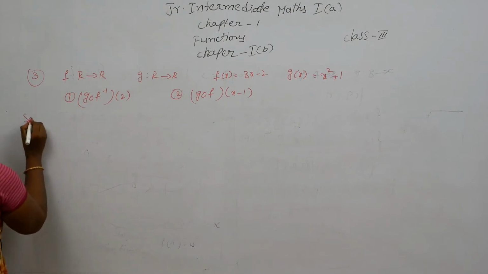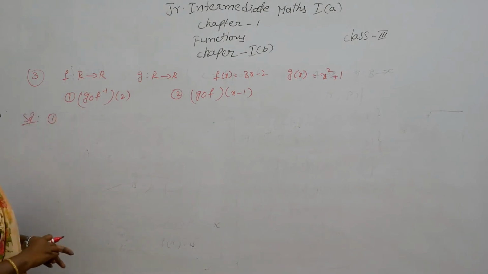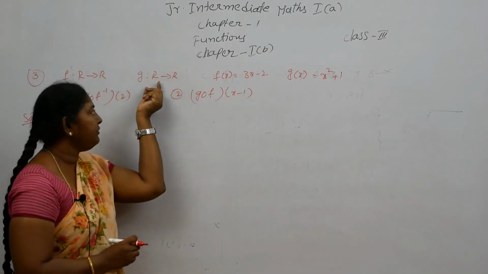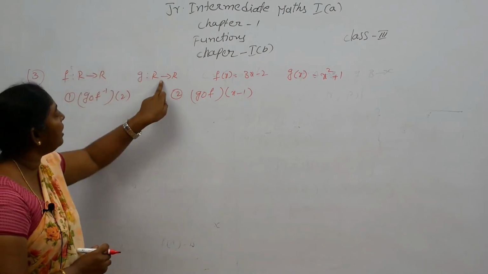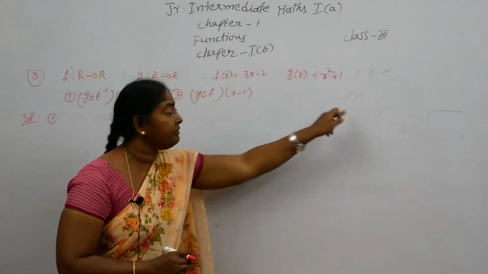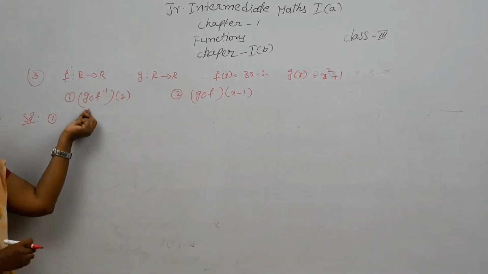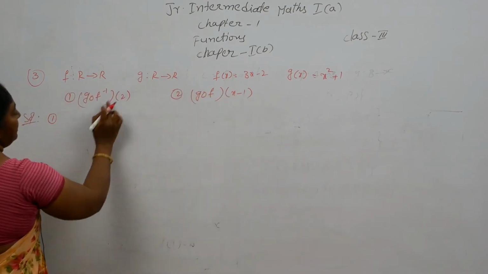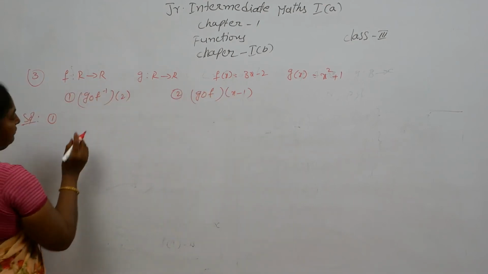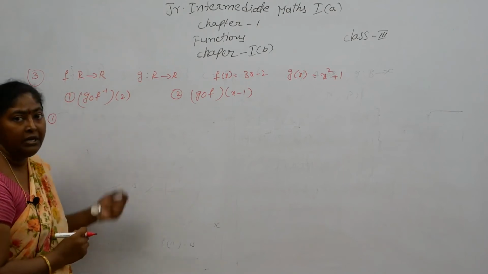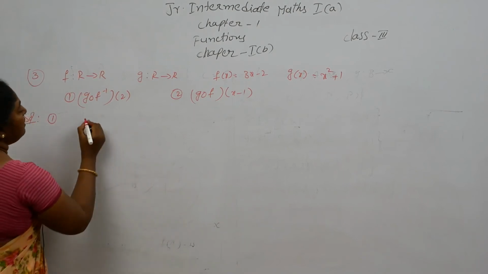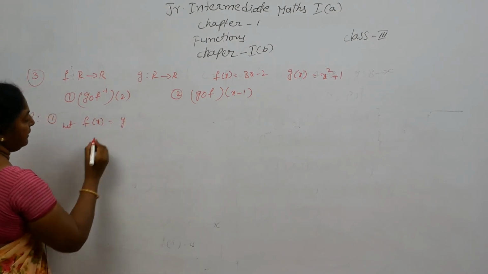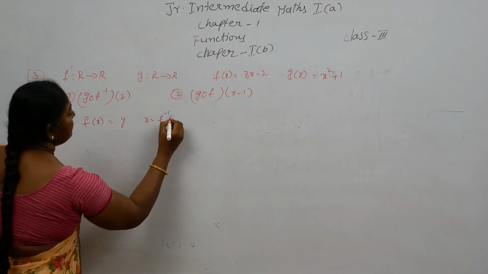So first problem, here function R to R, G function also R to R, and f of x value and g of x value given. So we have to find g of f inverse of 2. So here we know f value and g value, but we don't know f inverse value. So we have to find first f inverse. So let f of x equal to y. So x equal to f inverse of y.